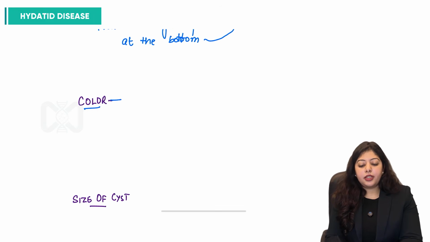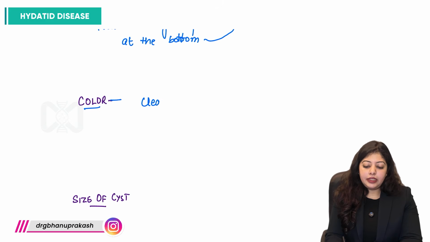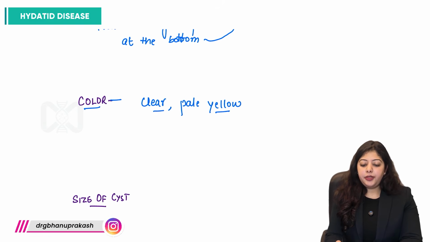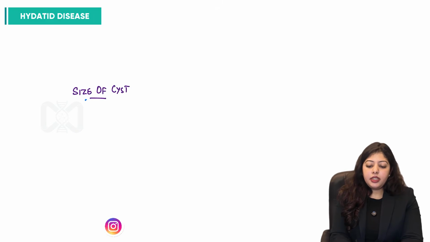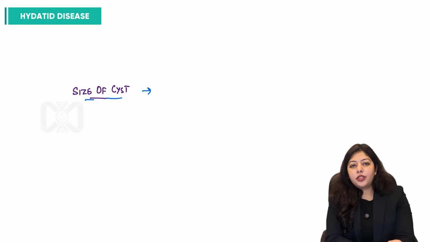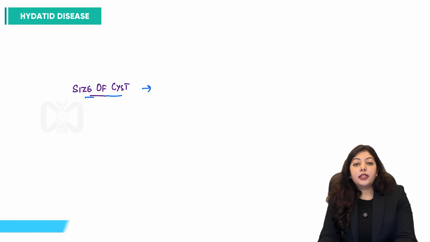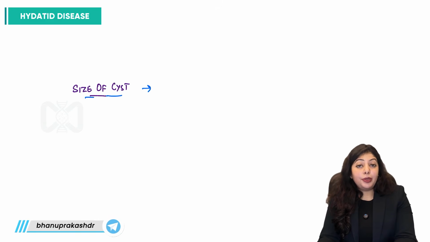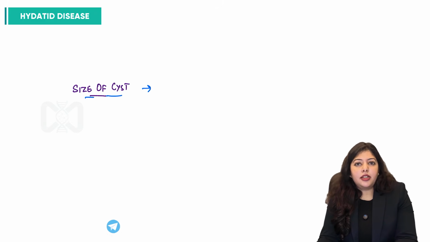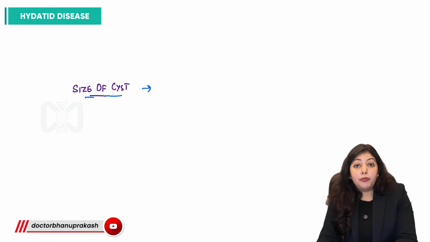Color, we have already discussed. It is going to be mostly clear, but it can be pale yellow as well, right? Now moving towards the size of the cyst. These cysts can be as small as a few millimeters to as big as more than 30 centimeters. The rate at which these cysts grow is around 1 centimeter per month.